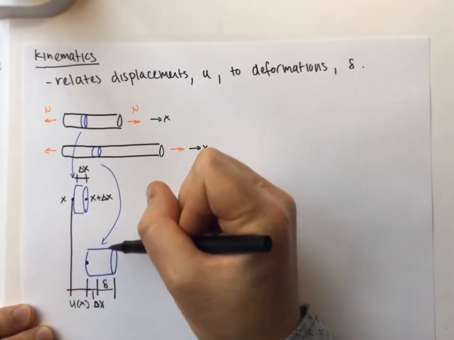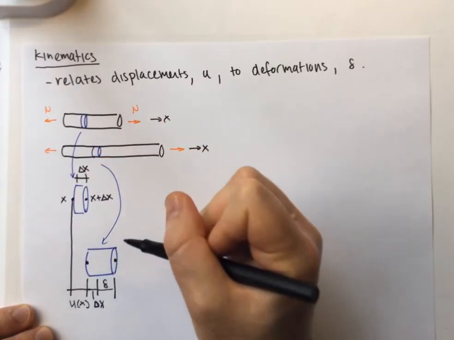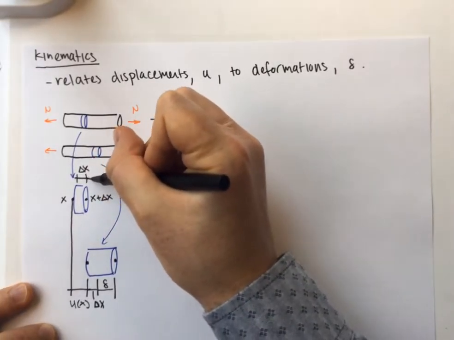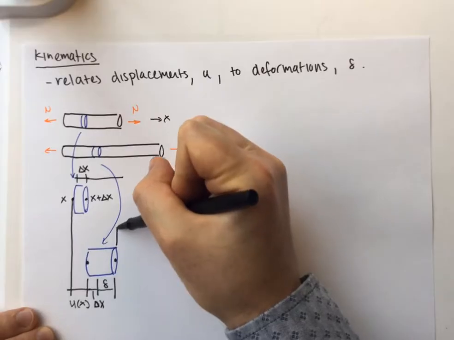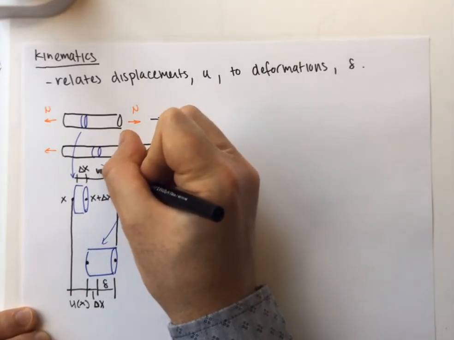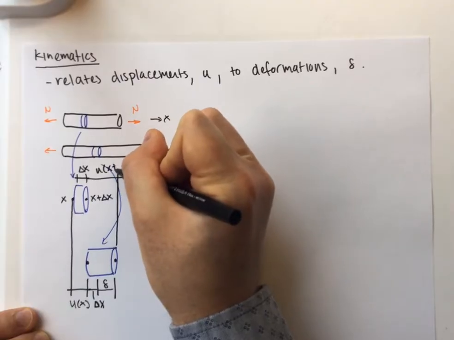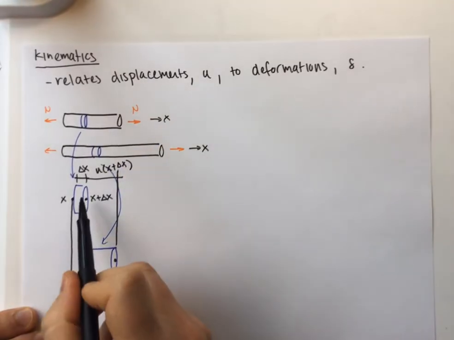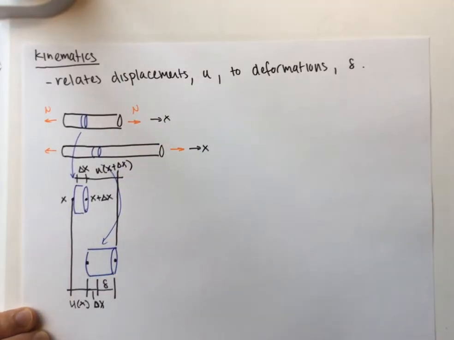We can do the same thing up at the top. So this point now, we want to know where that's located in the deformed configuration. We're going to need to know what the displacement is at x plus delta x, because that's the location here.